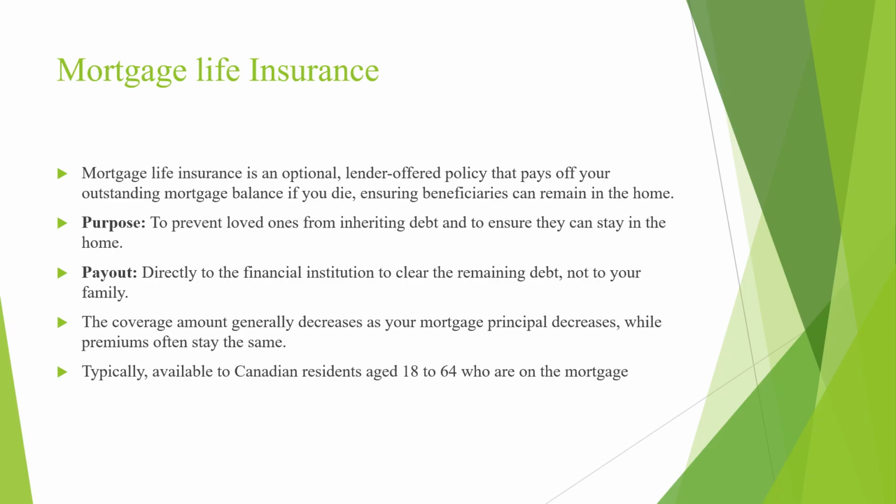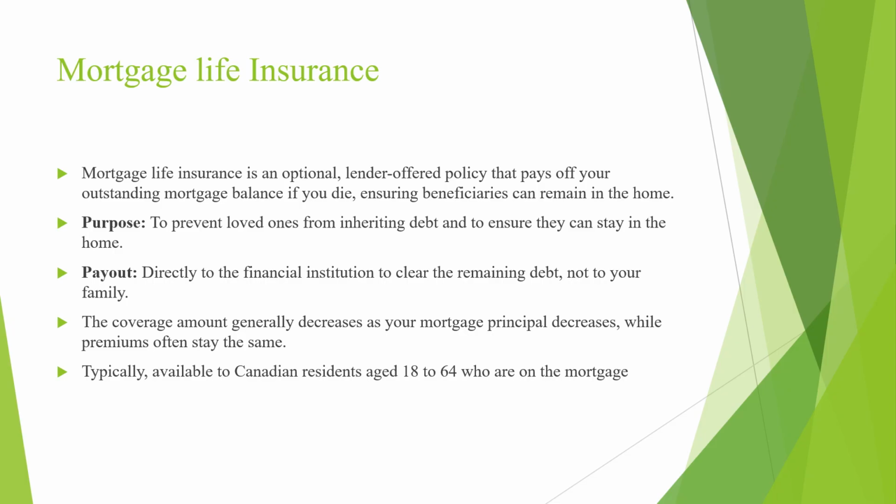For example, you bought a home worth $1 million and you bought mortgage life insurance. If anything happens to you after 5 years of your mortgage, the mortgage insurance can pay off your mortgage to your financial institution, so your family can remain in their home and doesn't need to worry about mortgage expenses.